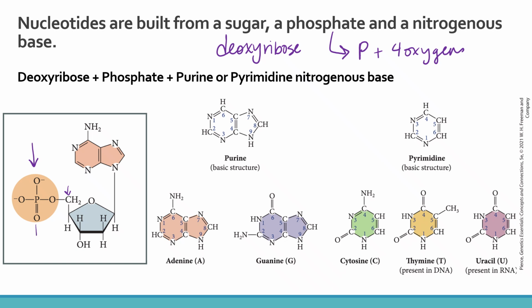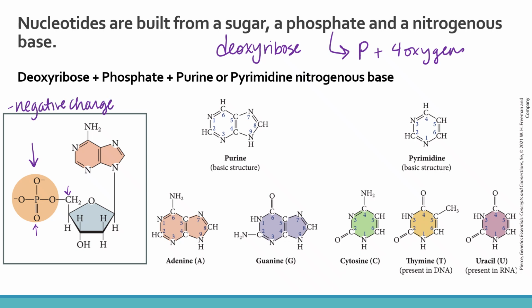One of those oxygens forms a double bond. The other 2 should have hydrogen attached, but instead they release that hydrogen, and so we have a negative charge on that phosphate group.